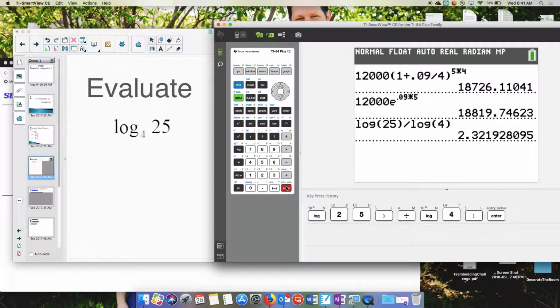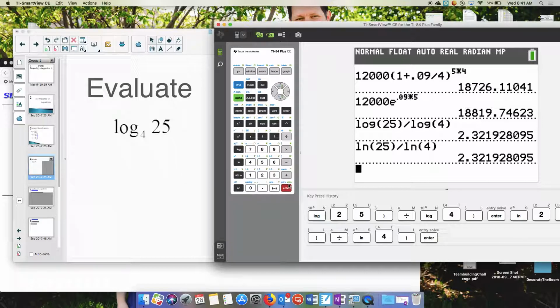And look at that, it's between 2 and 3. Okay. We could also use the natural log button, the natural log of 25 divided by the natural log of 4, and that would give us the same output. Okay? You can use either logarithm, it doesn't matter which one.